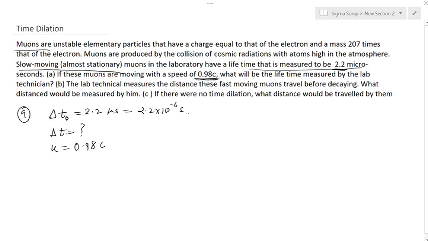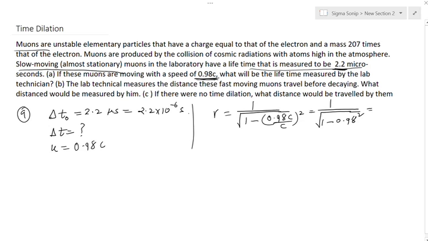Using this, first we can find the Lorentz factor. Lorentz factor is 1 upon square root of 1 minus (0.98 c over c) squared, which is basically 1 minus 0.98 squared, and that comes out to be 5.025.